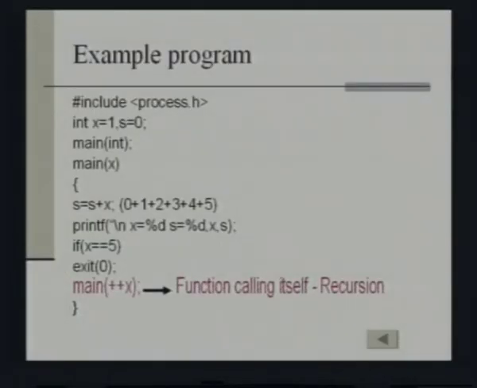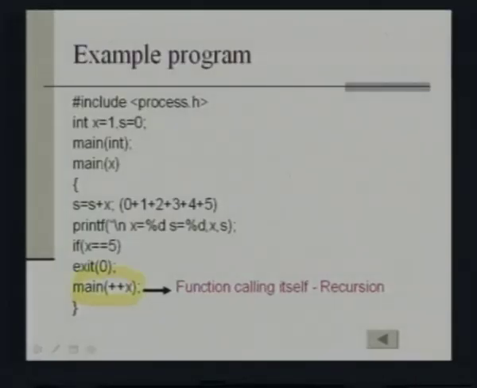Because I am using exit, I am using process.h. And here I am doing main plus x. So this is the actual place where x gets incremented. That is how x each time becomes 1, 2, 3, 4 and 5. This is an example of how the main function calls itself. The main keeps calling itself again and again. So this is just a small example for recursion.